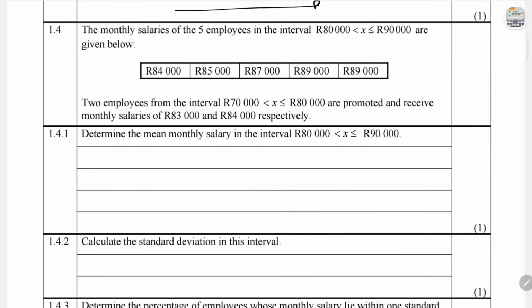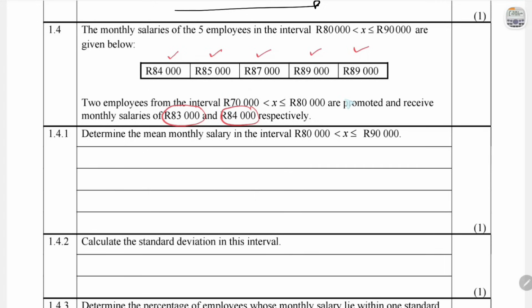Question 1.4 says, the monthly salaries of the 5 employees in the interval where X is greater than 80,000 but less than or equal to 90,000 are, and so they are putting down these 5 employees' monthly salaries. Now, what they tell us is 2 employees from the interval from 70,000 to 80,000 are promoted and receive monthly salaries of 83,000 and 84,000 respectively.